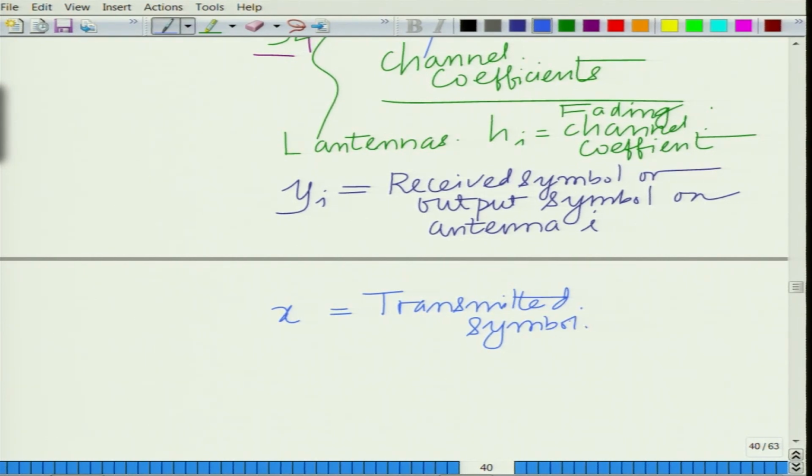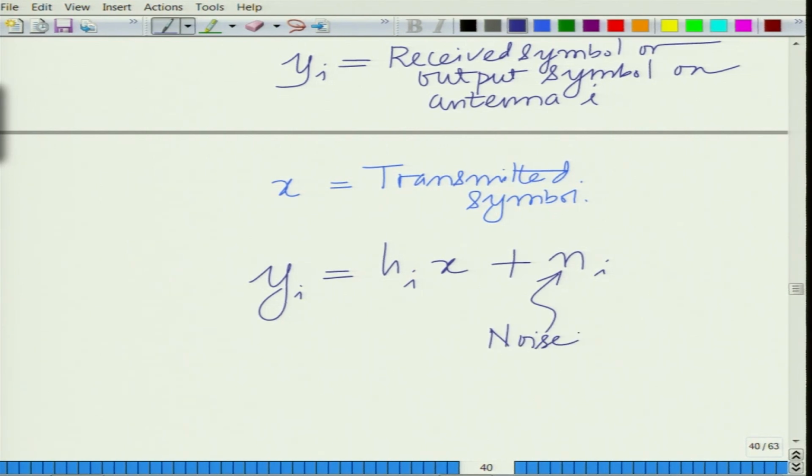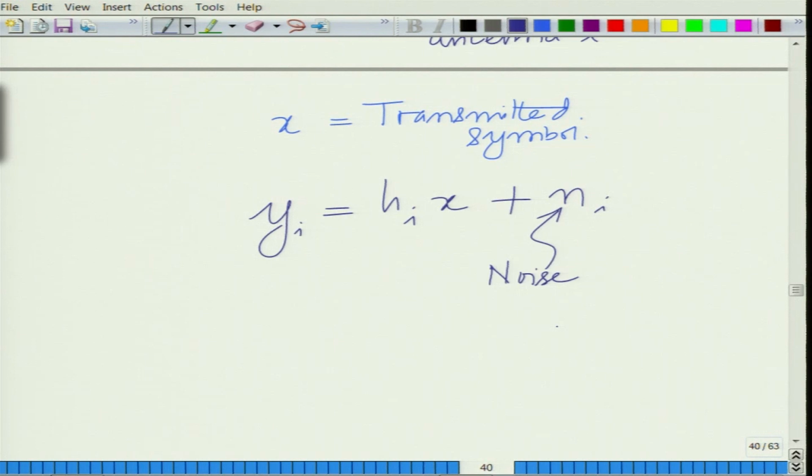So, Yi is related to X as Yi equals the channel coefficient Hi times the transmit symbol X plus the noise. Obviously, you are always going to have noise. This is the noise on antenna i.